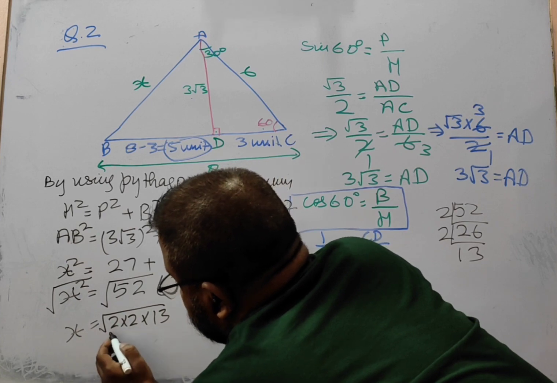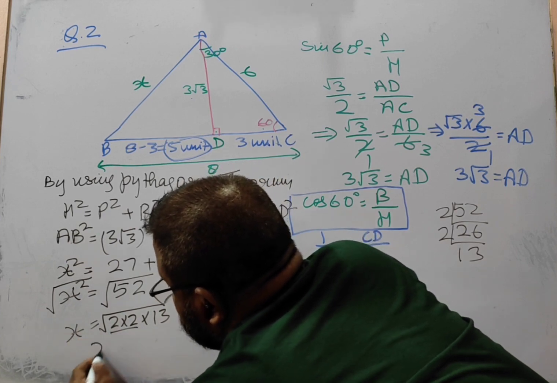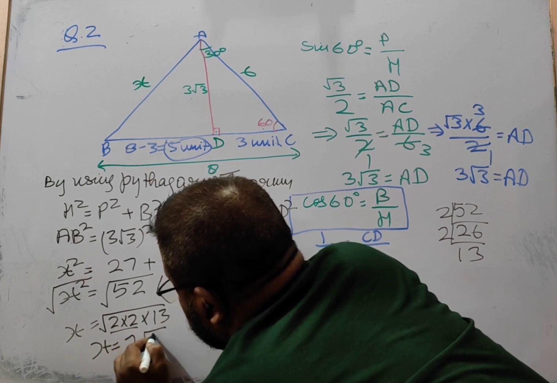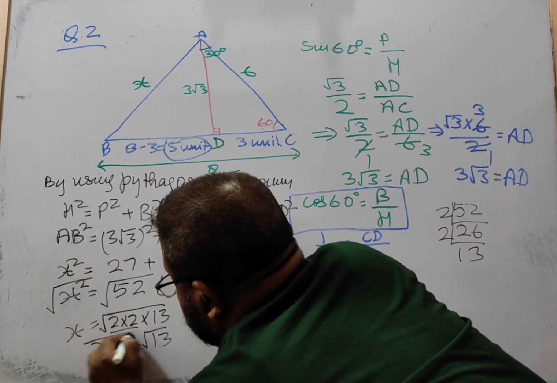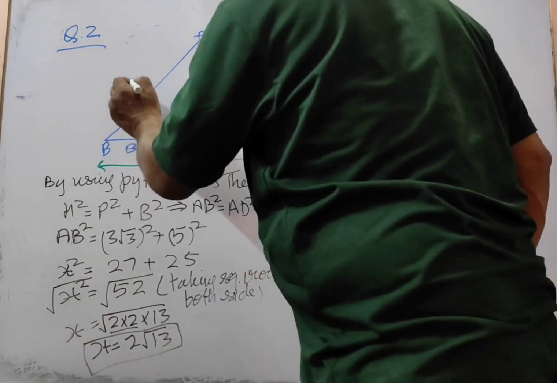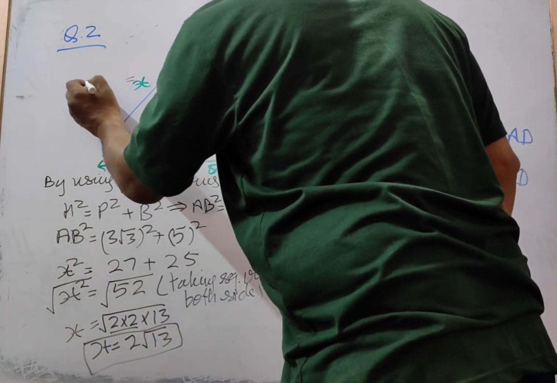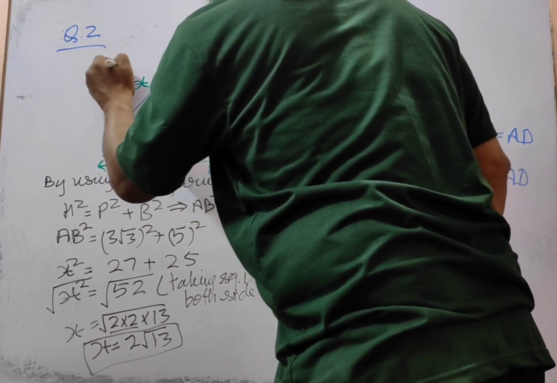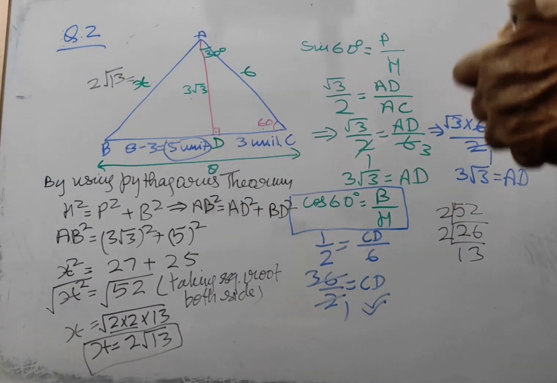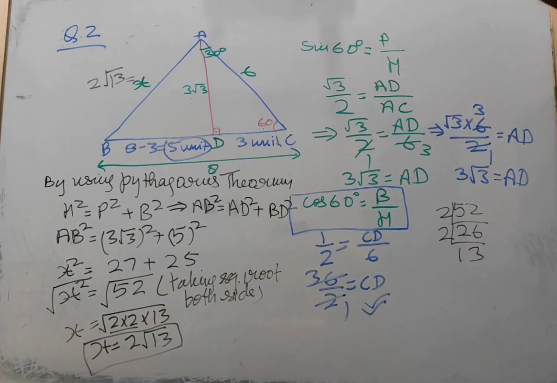So this is in pair, so it will come out. So x is equal to 2 root 13. This is the answer. So value of x is 2 root 13. Is it okay? So this is how we can solve this.